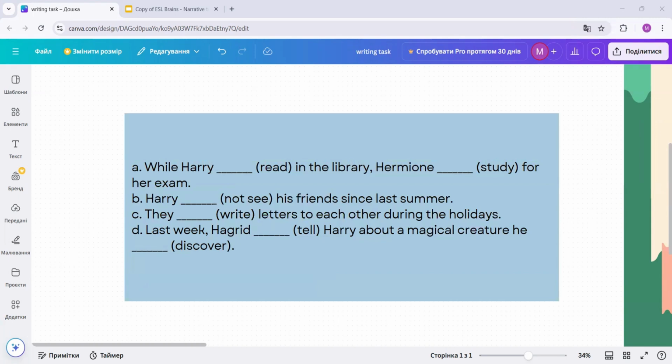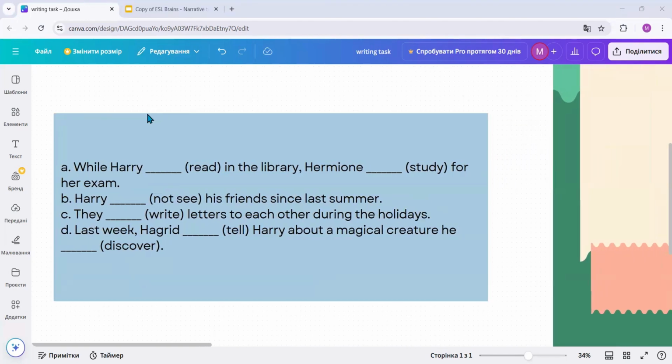So, while Harry was reading in the library, Hermione was studying for her exam. Was studying, right.